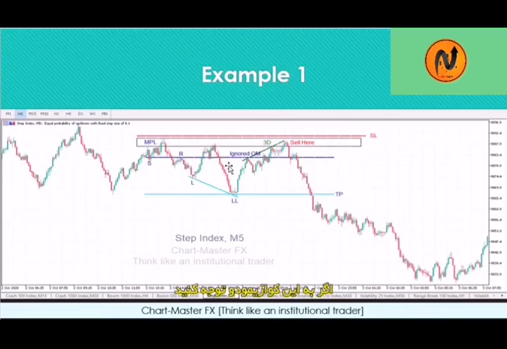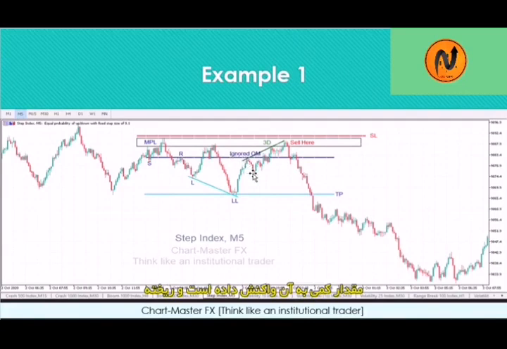So guys, if you are looking at this on this Quasimodo, you can see that this one was the QM level, and when the price came here, it actually respected this QM level.